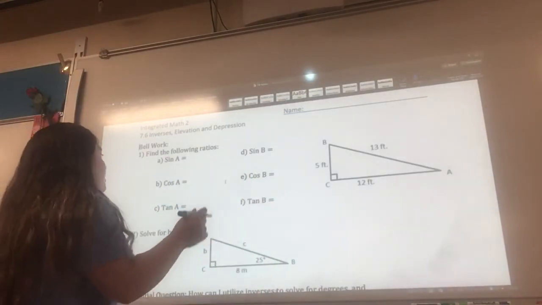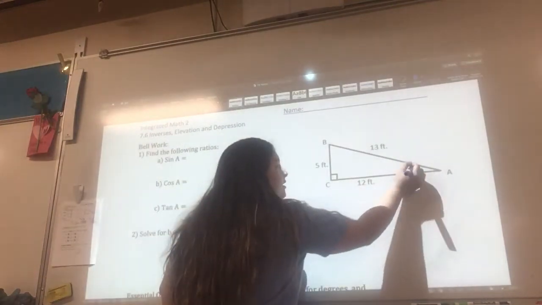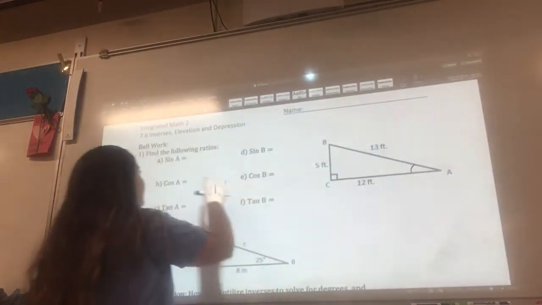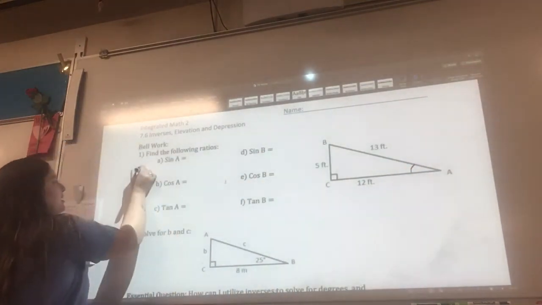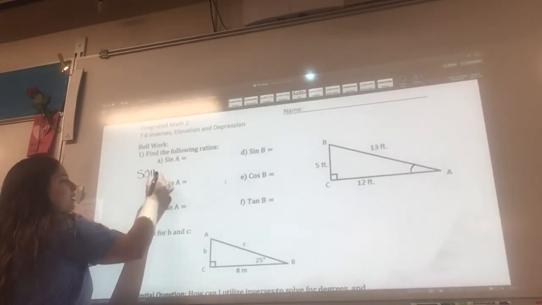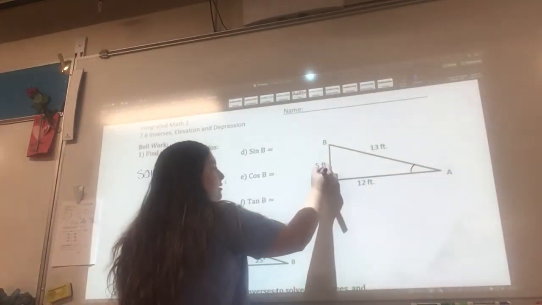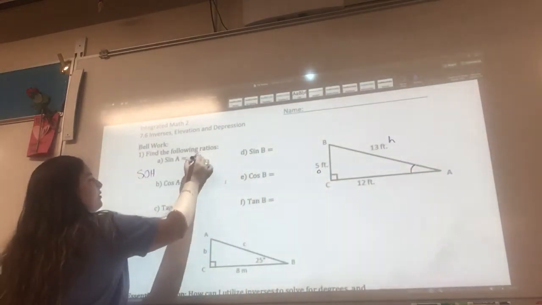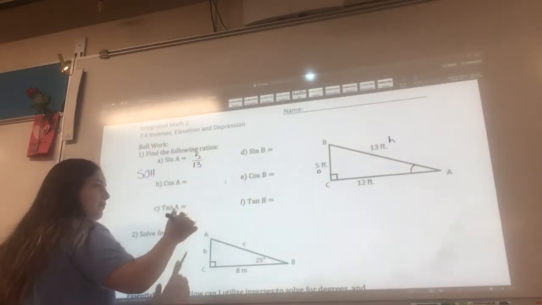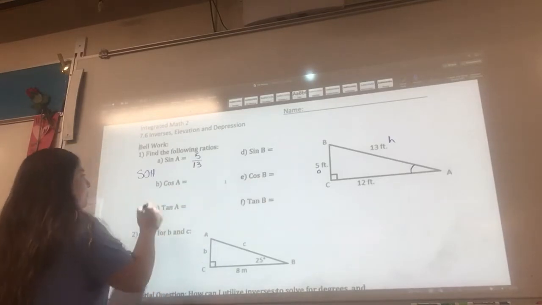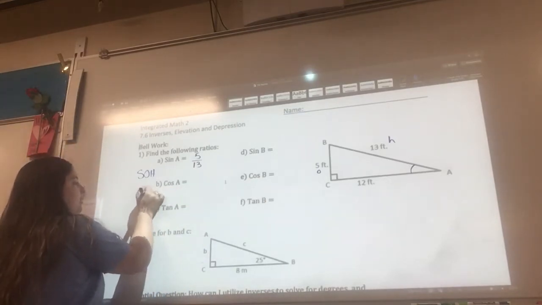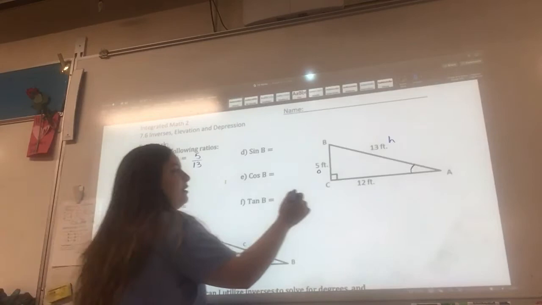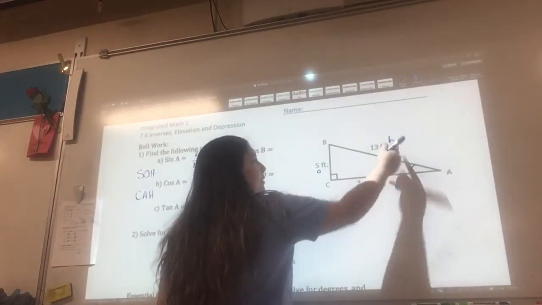We're first going to find angle A and look at sine A. Remember, sine is SOH, so we need opposite over hypotenuse. So we say 5 over 13. Looking at angle A, we're also going to look at cosine, which is CAH, adjacent over hypotenuse.